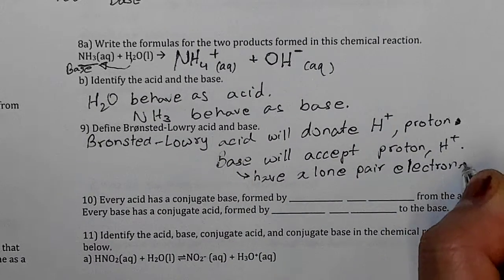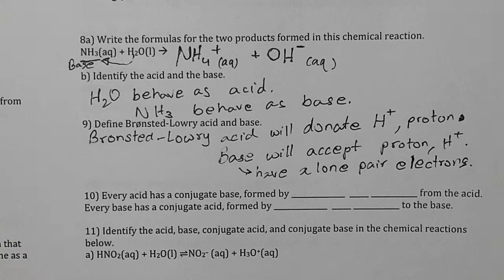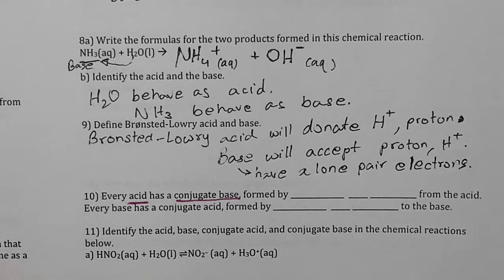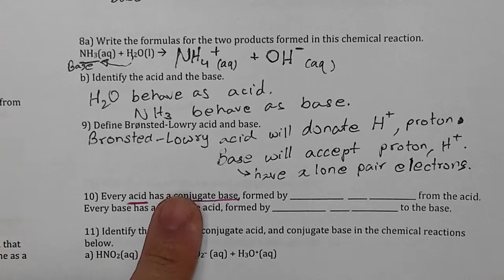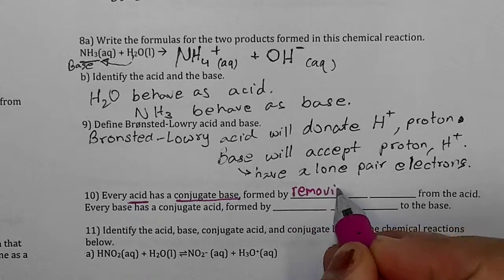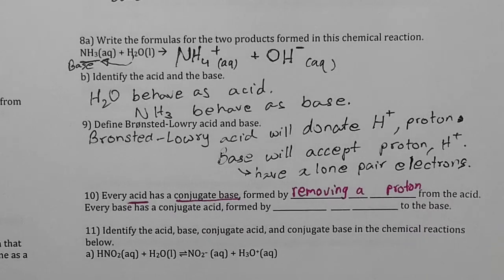Every acid has a conjugate base. I don't know if I talked about that one before. Conjugate base and conjugate acid. So an acid will have a conjugate base. What does that mean? A conjugate base is formed by removing a proton from the acid.